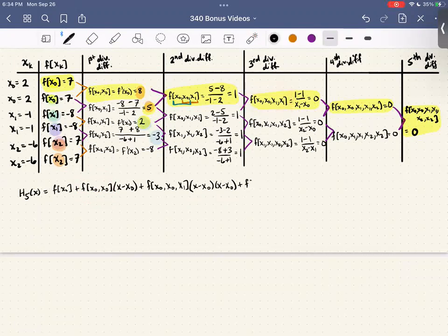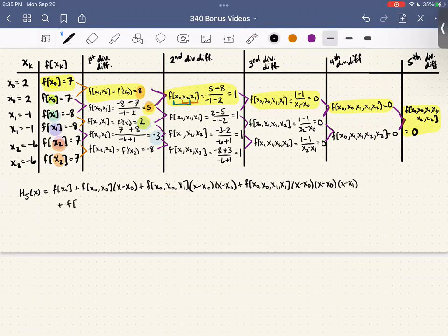So divided difference f[x0, x0, x1, x1], and the linear factors include the nodes in the previous divided difference. So that gives me (x minus x0)(x minus x0)(x minus x1). My next term is this one over here, so I'll move to the next line.